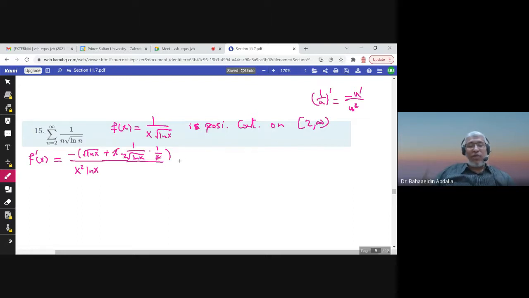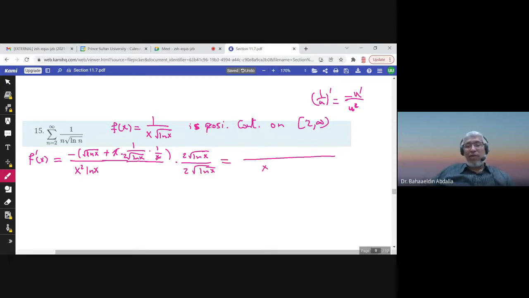So x cancels with x. And to get rid of square root 2 square root of ln x, I will multiply by 2 times square root of ln x.